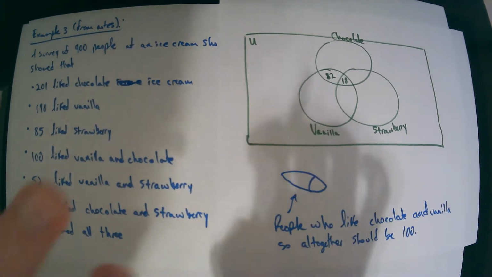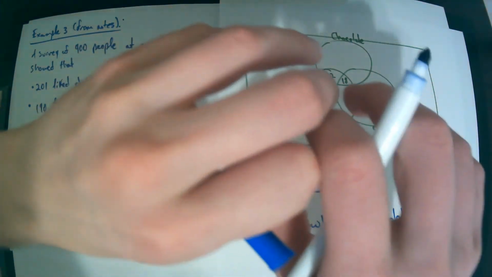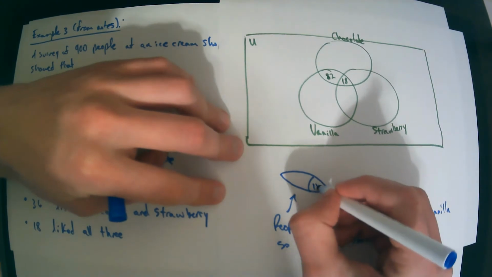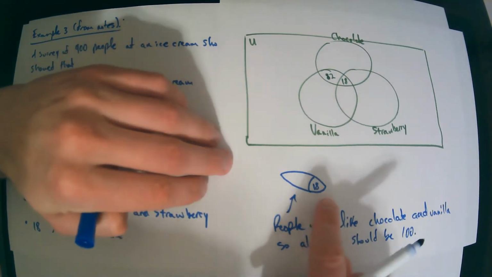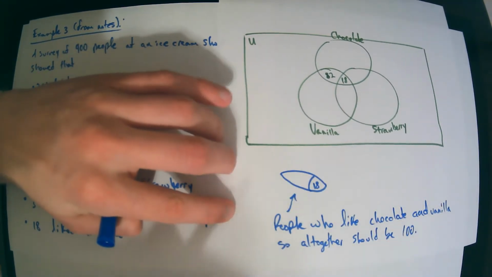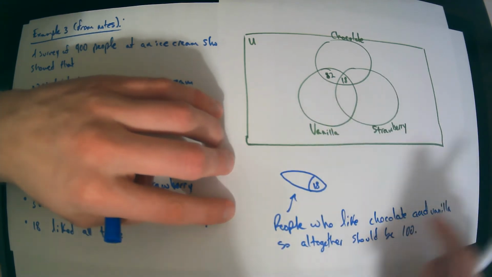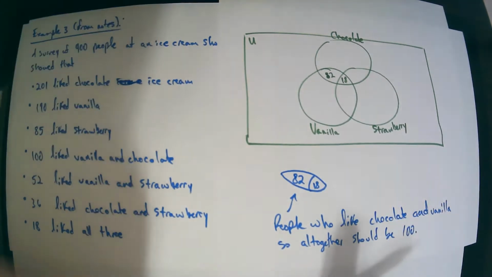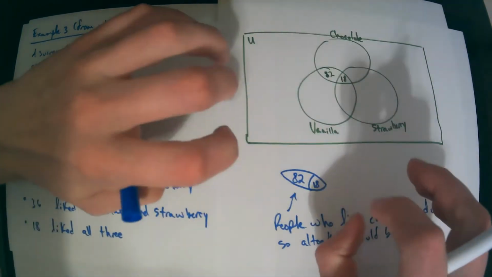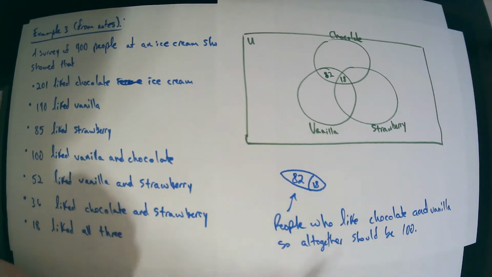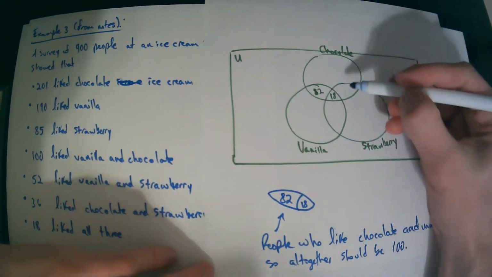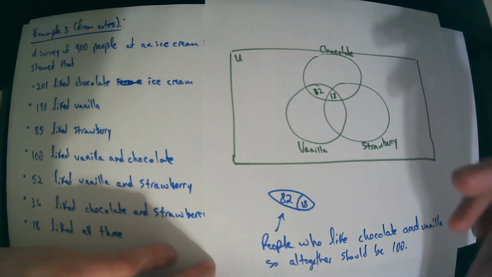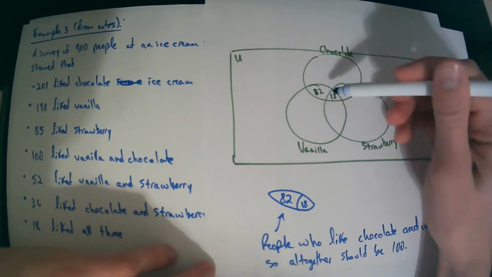But what we're doing is we're taking those 100 people and we're splitting them into two groups. The people who also like strawberry, that's the group who likes all three, and then the people who like chocolate and vanilla but don't like strawberry. So that's all we're doing. We're taking that 100 and splitting it into two groups here. And that's what we're going to do with each one of these positions. We're going to take that 18 away from each of these little overlaps.